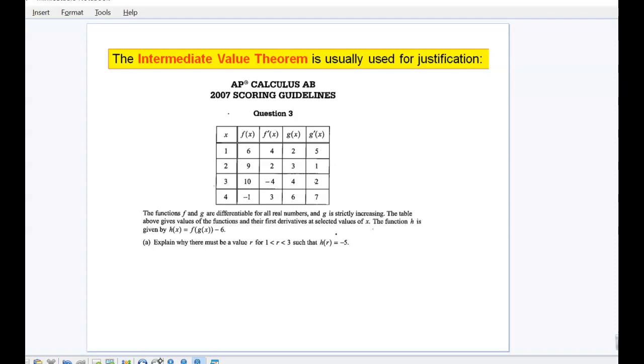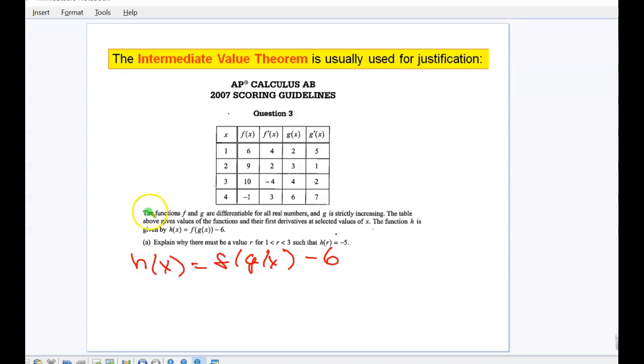Okay, the last example that we're going to look at in the intermediate value theorem comes from the 2007 AP exam. And question A, again, we did this when we looked at composite functions back in our pre-calculus section, but it might make more sense now. So it's saying h(x) is defined by f(g(x)) minus 6.